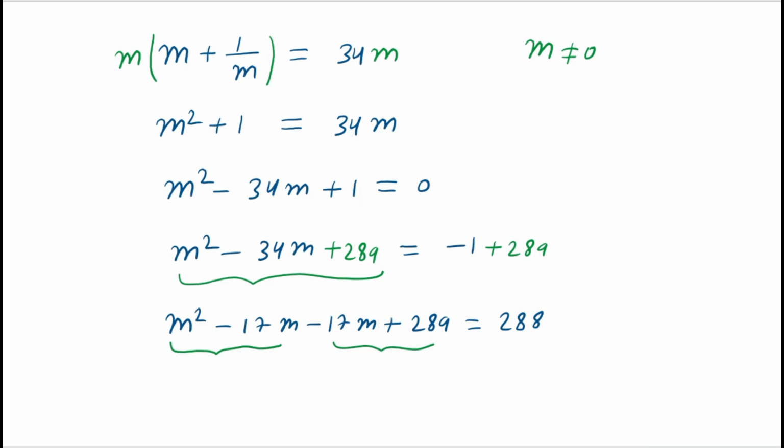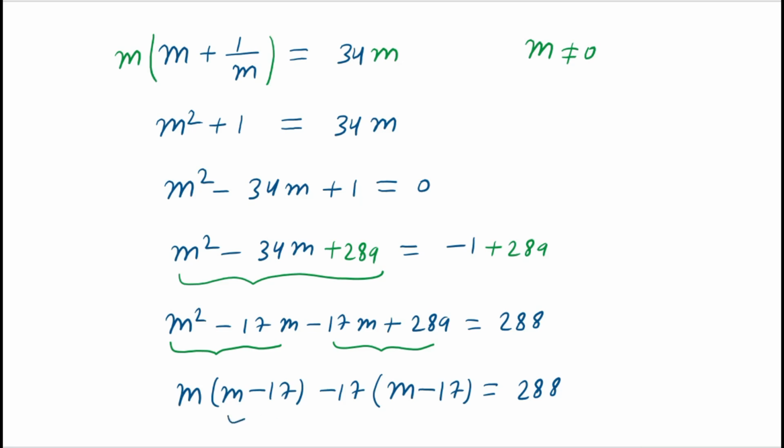In the first two terms if we take m common, m²/m gives m, then −17m/m gives −17. And if we take −17 common, then −17m divided by −17 gives m, and 289 divided by −17 gives −17, and this is equal to 288.